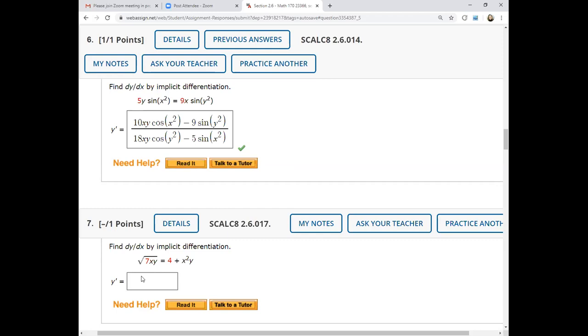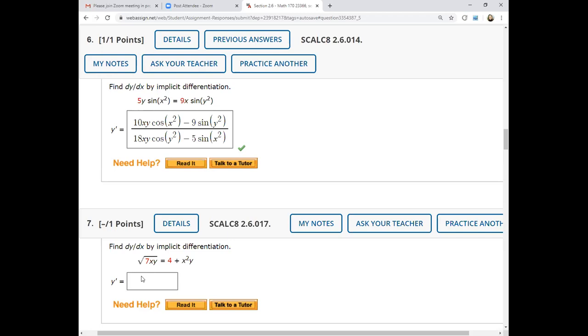So I would change the square root to 7xy all to the 1/2 equals 4 plus x squared y. Then you differentiate each one implicitly. So this first part on the left side is going to involve a chain rule and a product rule.